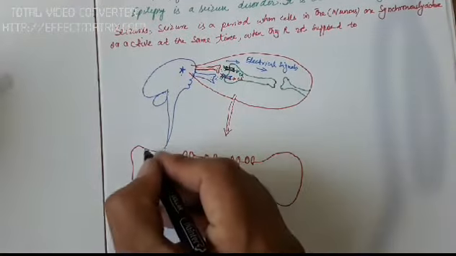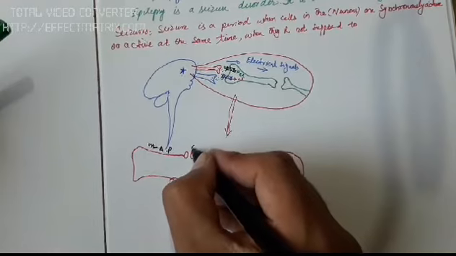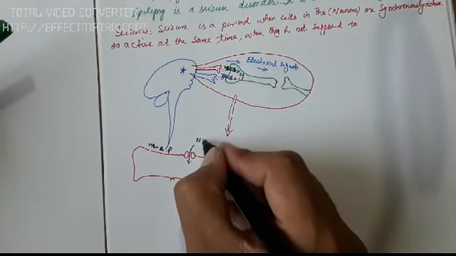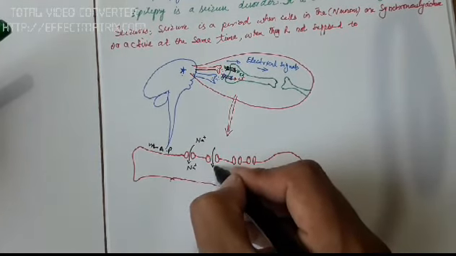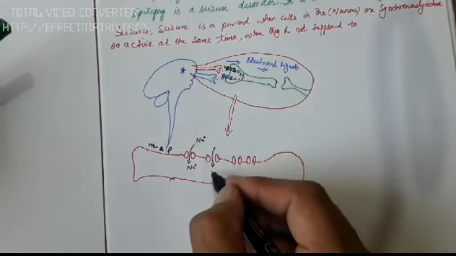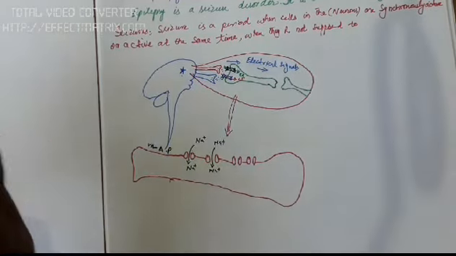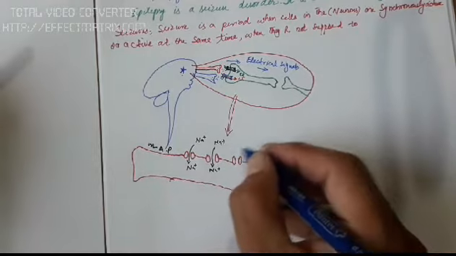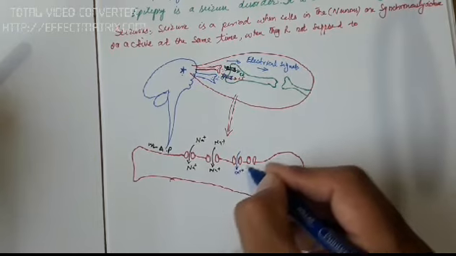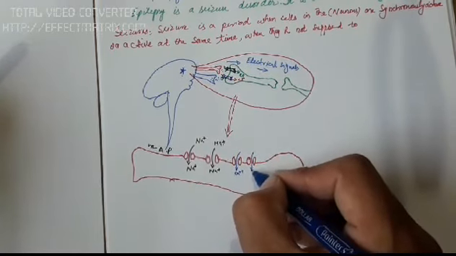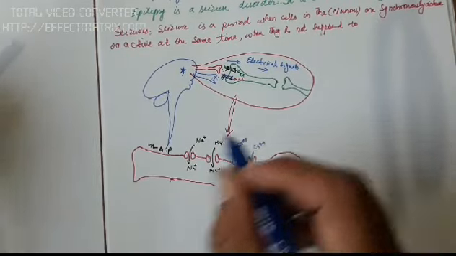When an action potential comes here, it causes the sodium ions, which are in higher concentration outside, to come inside this brain cell, the neuron. When the sodium concentration inside the neuron is increased, it causes the voltage gated calcium channel to open, so calcium ions, which are in higher concentration outside, come inside the neuron.